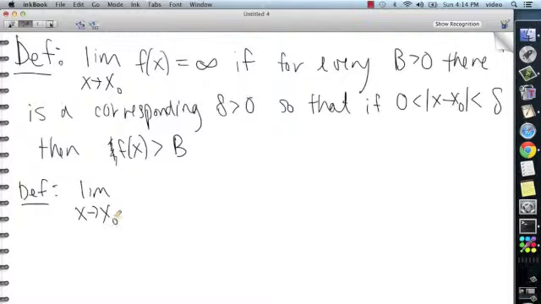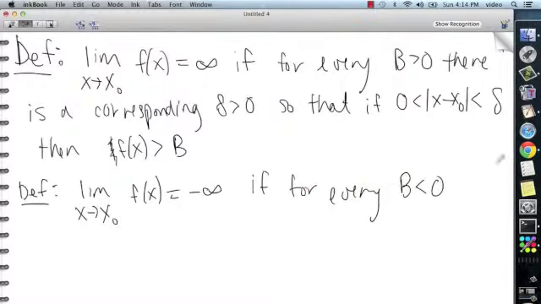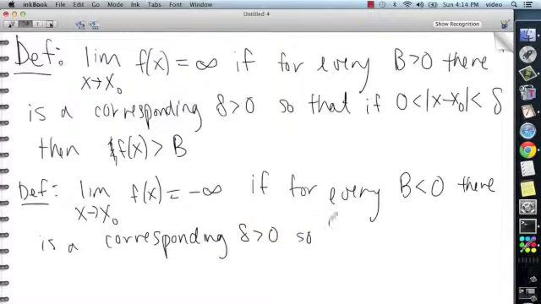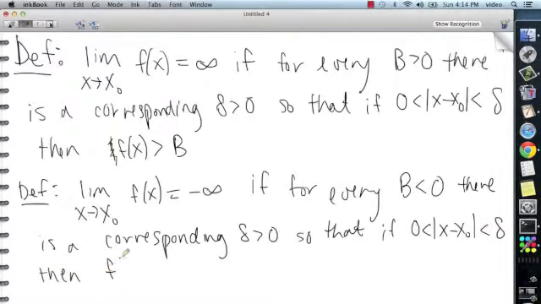The limit as we approach x naught of f of x is negative infinity if for every, let's just say, big number that's negative, b is negative, notice less than 0, there is a corresponding delta so that if we're within delta of x naught, then my function is below b. It is even more negative than b.